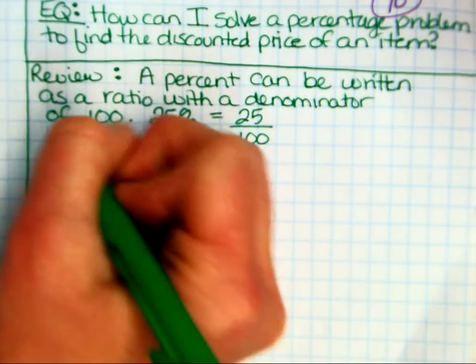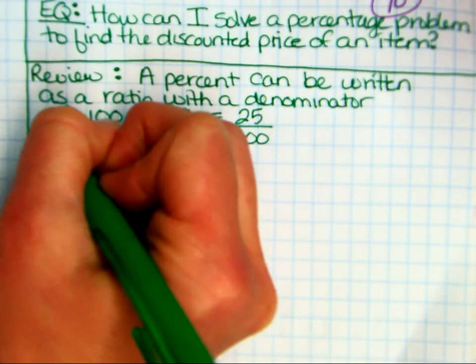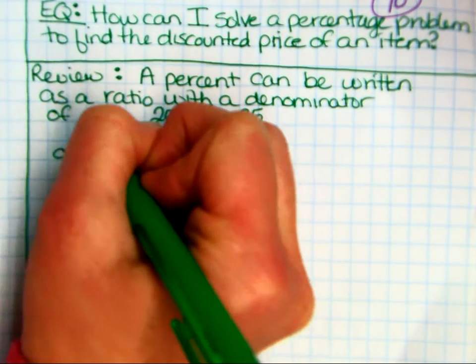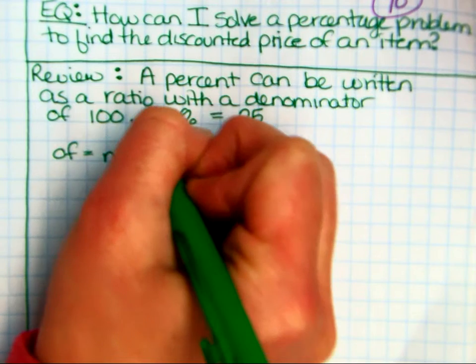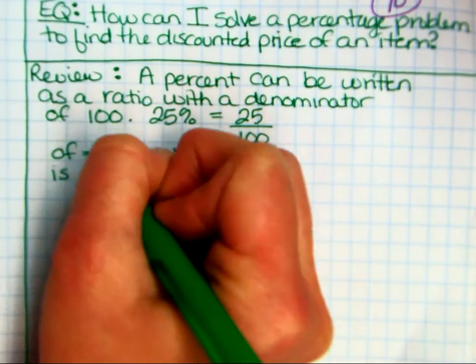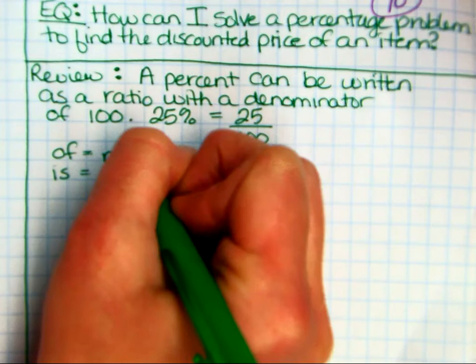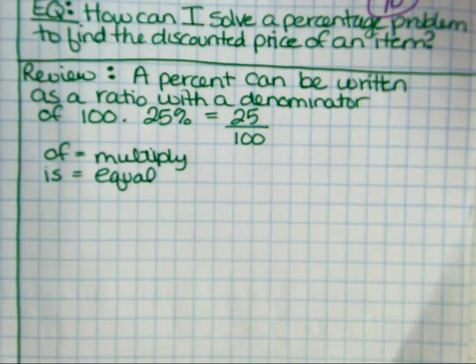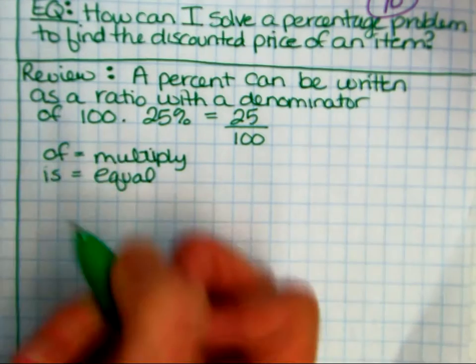Also, remember that when you have the word of, that means you're going to multiply. Remember that if you have is, that is equal. Okay.